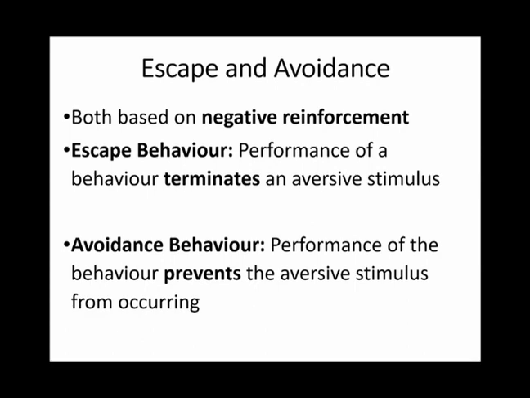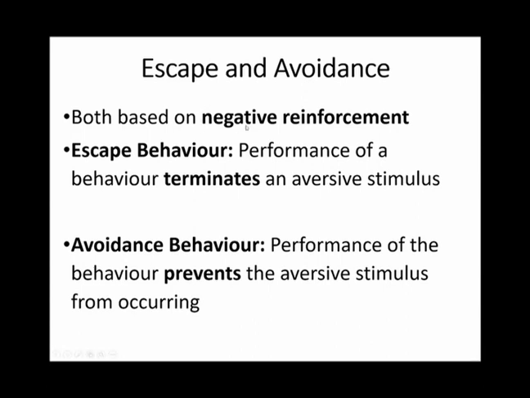And so for escape and avoidance, both are going to be principles that are based on negative reinforcement. So negative meaning the removal of something, and reinforcement meaning that it's going to cause an increase in the behavior because the outcome is good.